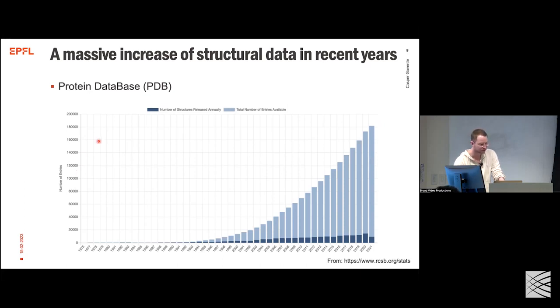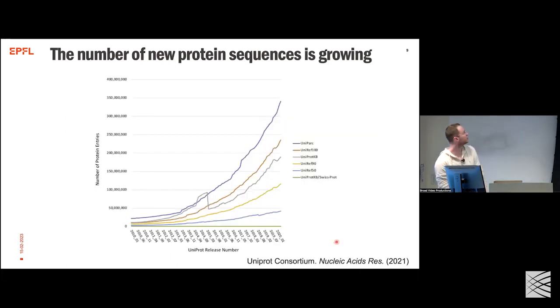And I think at the moment we even surpassed the 200,000 entries in the protein database. I should update these numbers a little bit. These are still a bit outdated. And the same we observe in the sequence space. So when we take a look at some popular sequence databases like UniParc, UniRef, you see that there's also an exponential increase in the number of sequences, the data that is available to us.